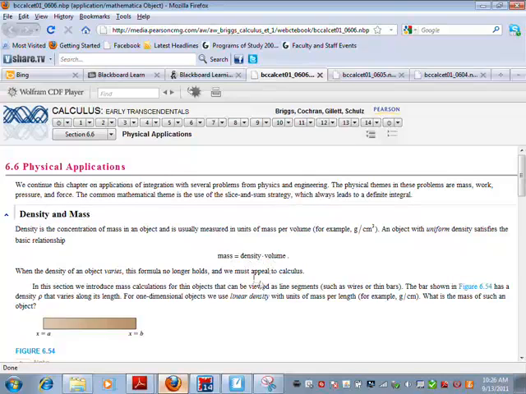And I usually don't remember it this way. I usually remember it in terms of density: something dense, M over V. Density is mass over volume. But obviously this is equivalent. So the more dense something is, the more mass it has per unit of volume. That means that mass is density times volume.